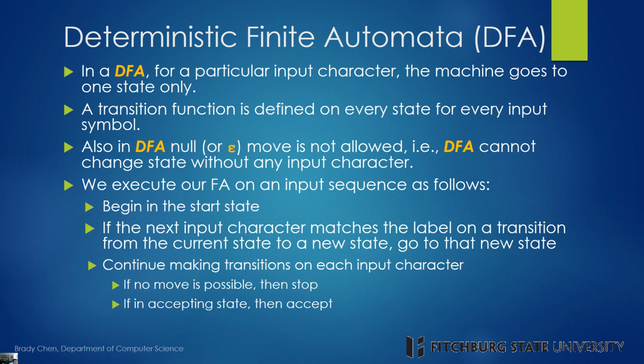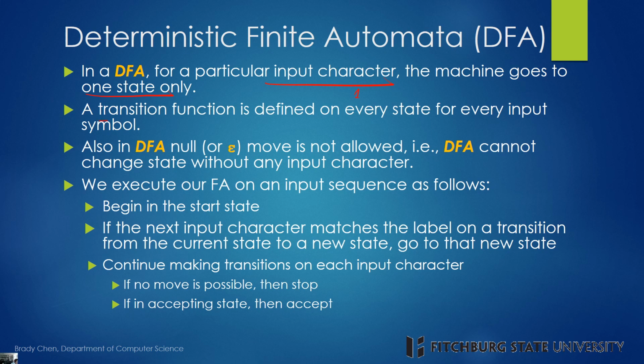So in the DFA, the deterministic finite automata, for a particular input character, let's say 1, the machine goes to only one state. That means if it starts from the current state A and the input character is 1, then the transition function has to define what's the next state to go to.